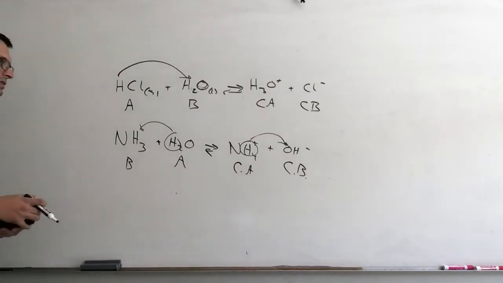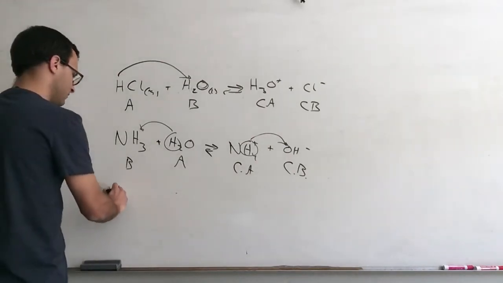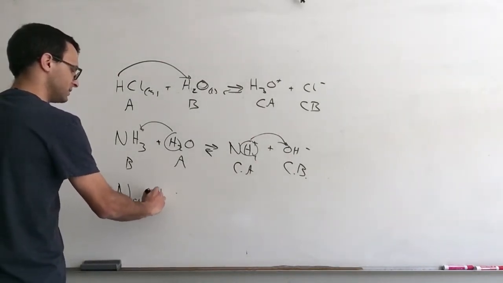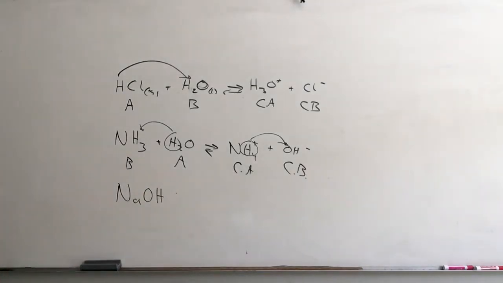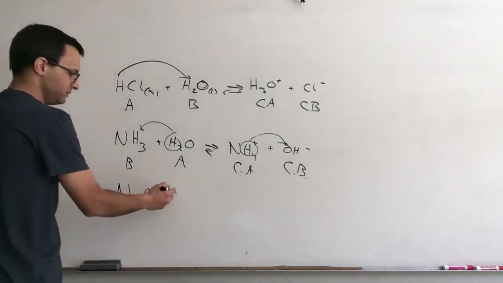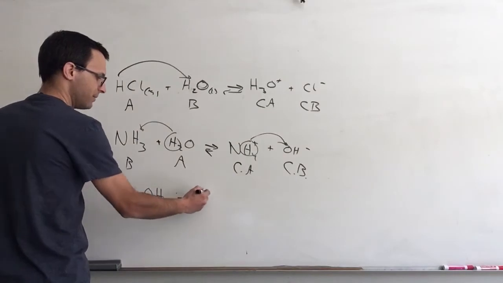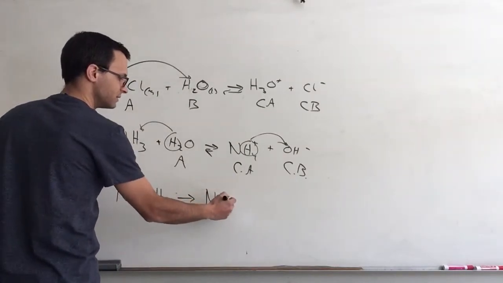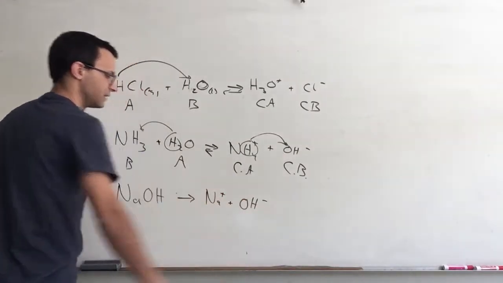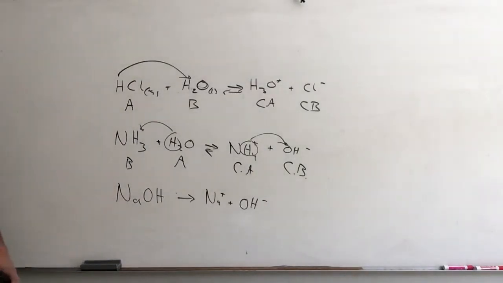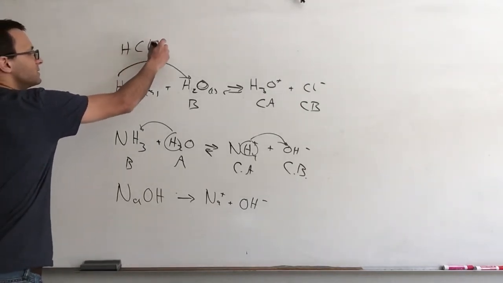So that's writing dissociations. If you have, for instance, an Arrhenius base like sodium hydroxide, you wouldn't necessarily write it with the water. What happens with the sodium hydroxide is the sodium and the hydroxide just dissociate, as you'd show in a solubility problem. You can also do the same thing with acids if you want.